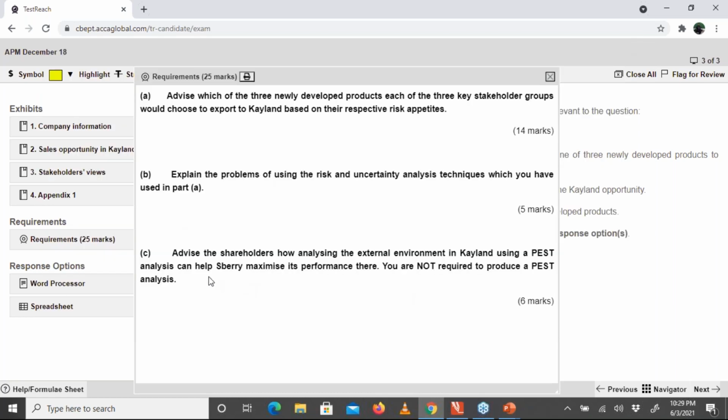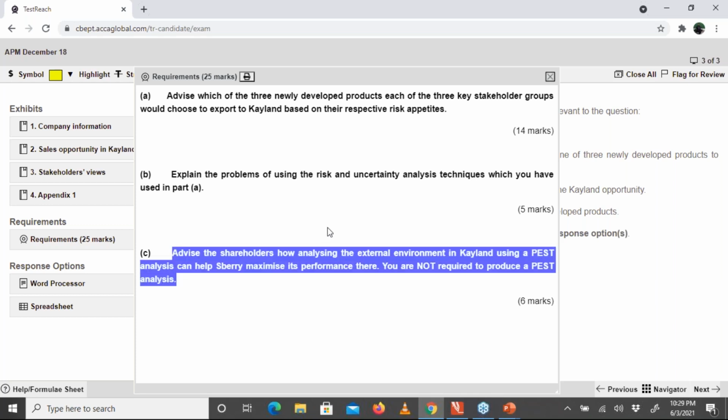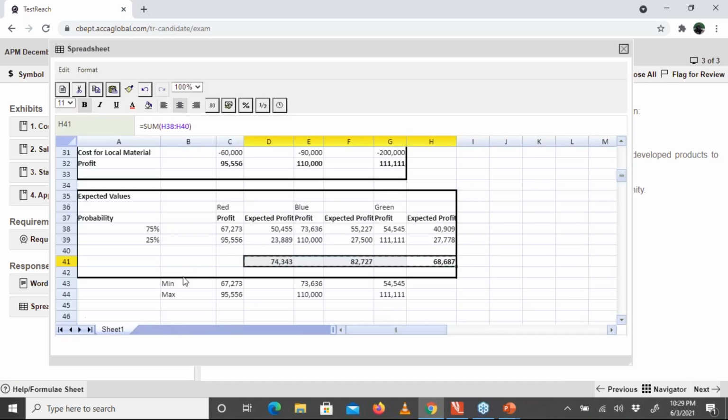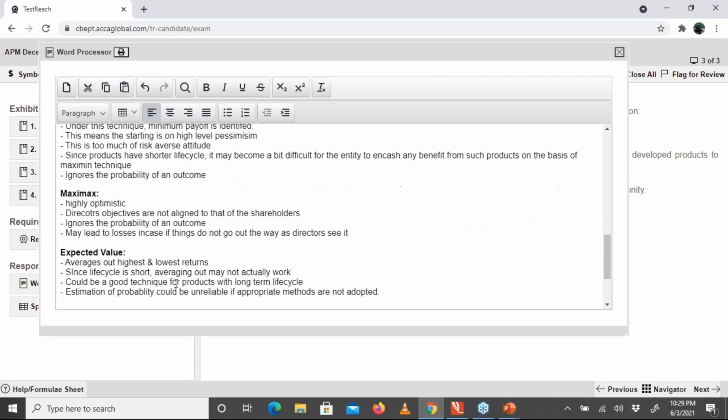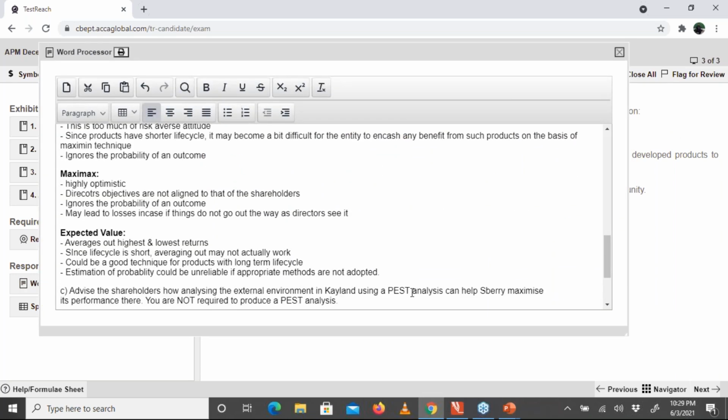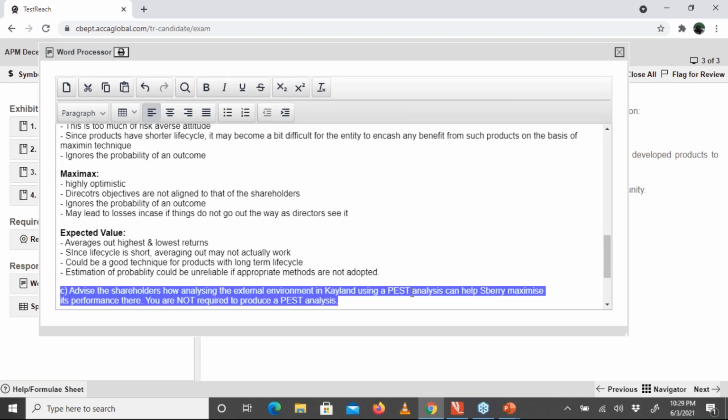So now let's move on to the last part, which says: advise the shareholders how analyzing the external environment in K-Land using a PEST analysis can help Asbury maximize its performance there. You're not required to produce a PEST analysis. This is what the requirement is.